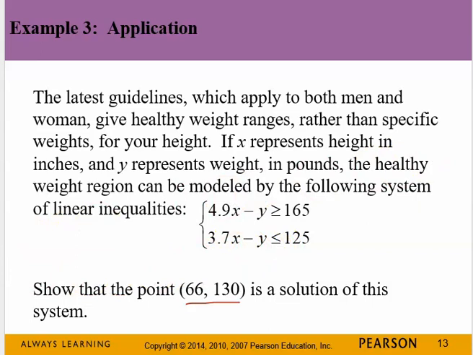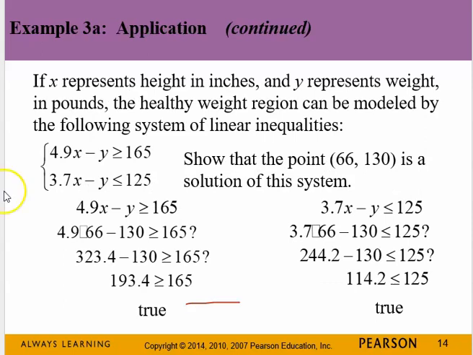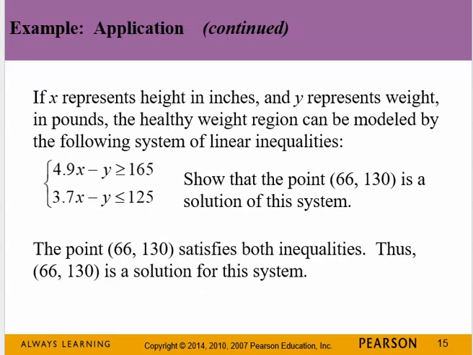Now, this is sort of an easy one because they have it all worked out for us and they show the substitution, and it is true. So what does that result in? It results in saying that this point satisfies both inequalities. I think this is something easy.